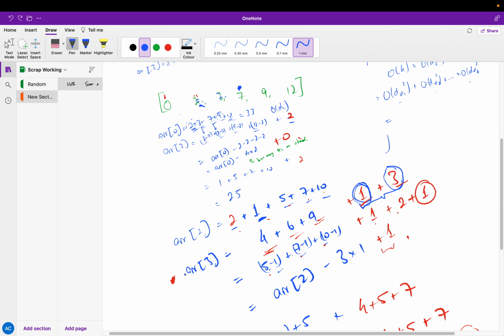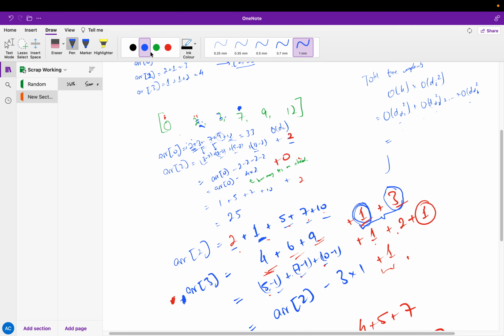But for array 3, forward jumps like we observed are the same as these jumps, but we subtract off the 1 each time, so we can account for that. And then this backwards jump is the same as this forwards jump from array 2.